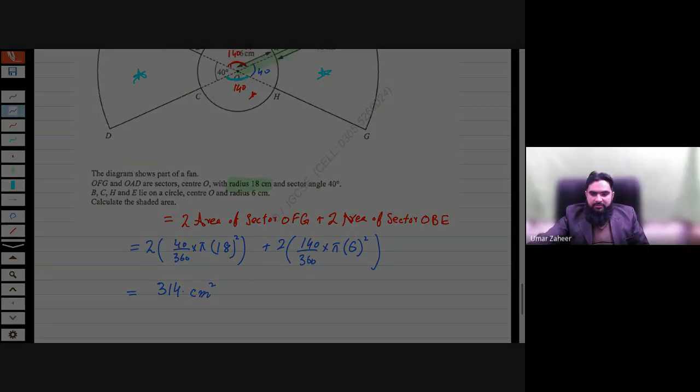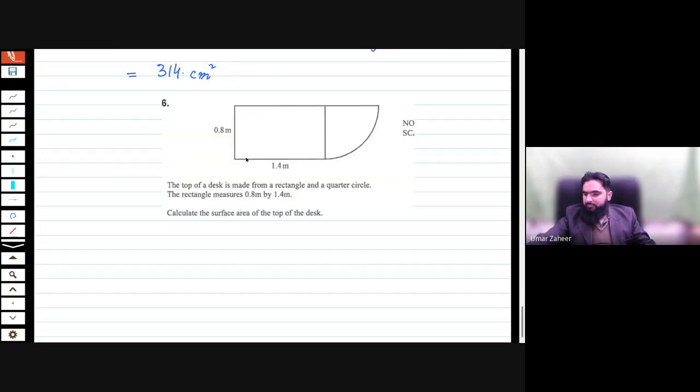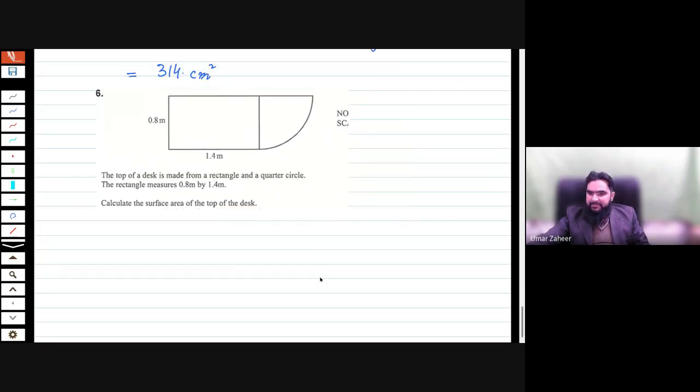Now we have the next question, and it is going to be a little bit easy. How can we do this one? You have to find the surface area of the table. Look here, it is a rectangle and we have a quarter circle.